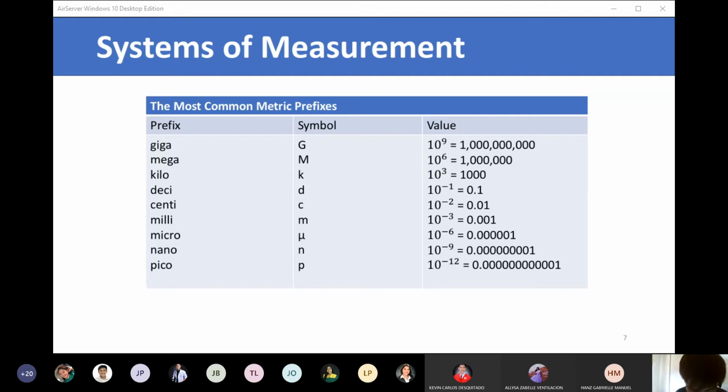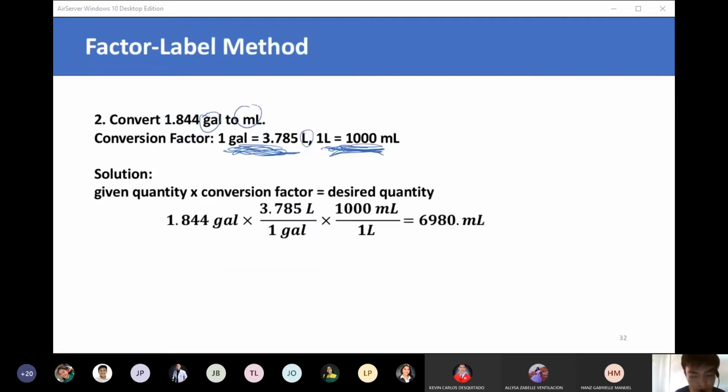Okay, so what we're going to do is that we're going to cancel the gallons first. So we will end up with liters, then we're going to cancel the liters to arrive with ml. So yun lang, you have to do it multiple times if necessary.